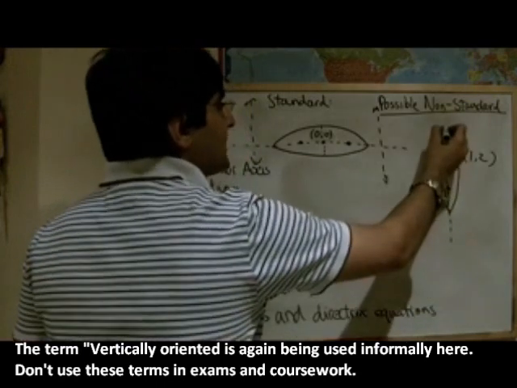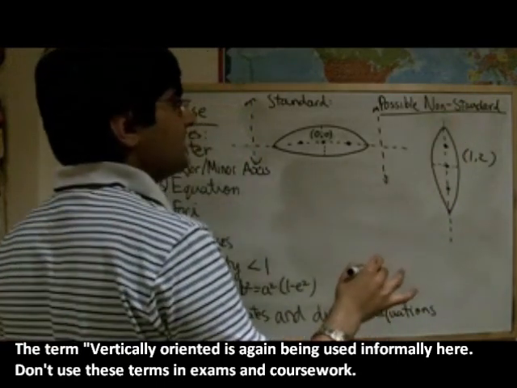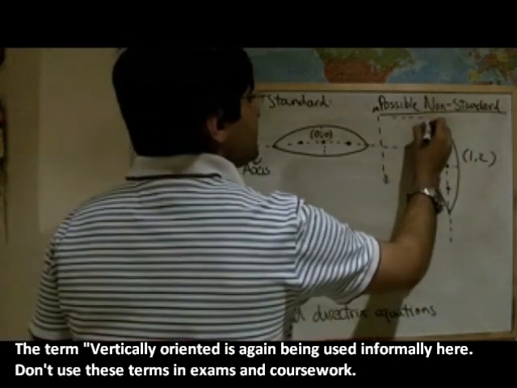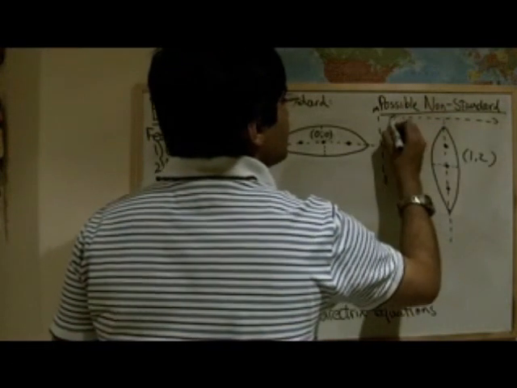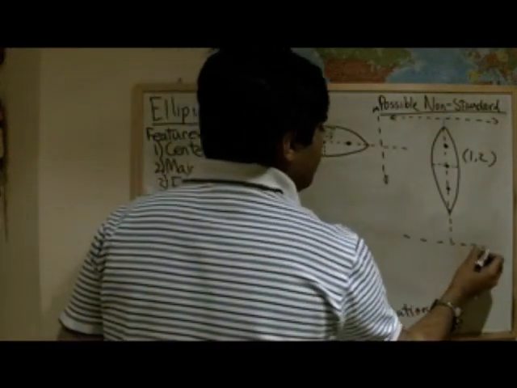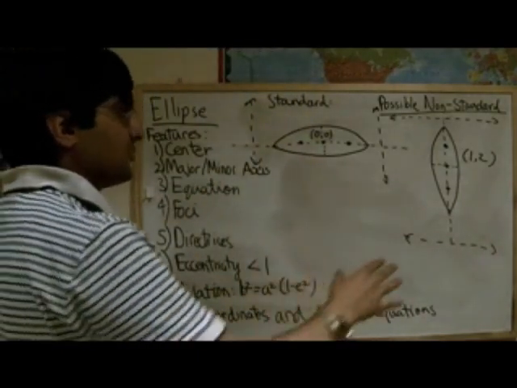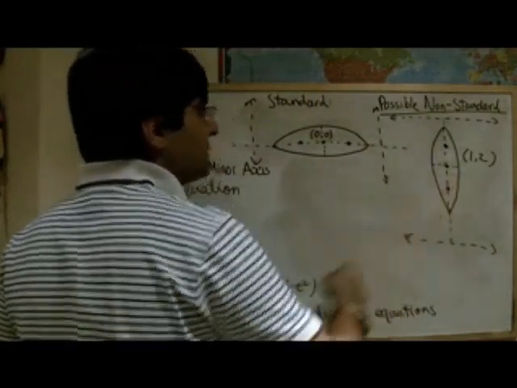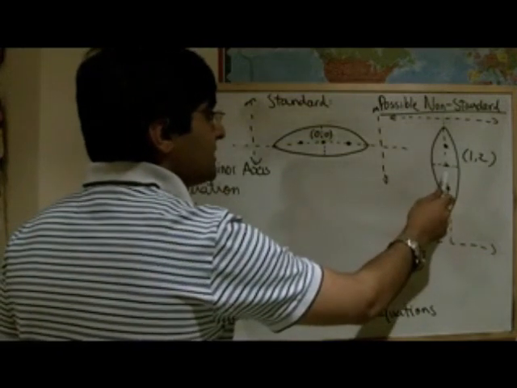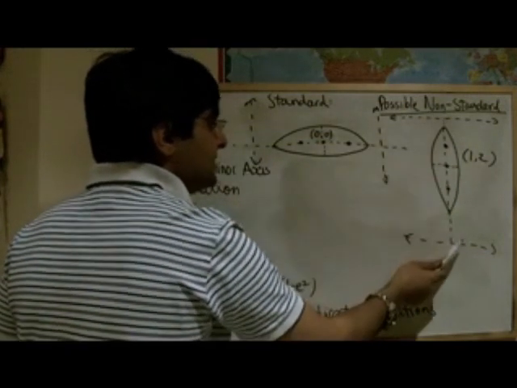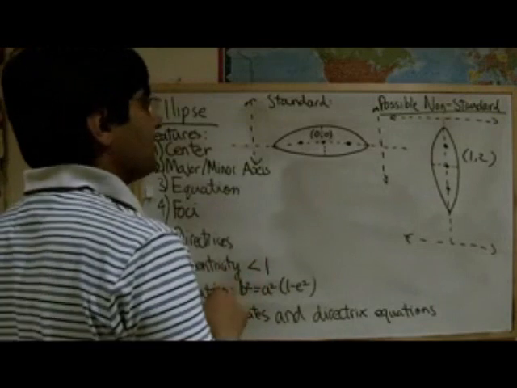If you extend the major axis a little bit, then the directrices would be perpendicular to that major axis, like so. The same principles would apply, and the directrices again would be equidistant from the center of the ellipse. So this distance would be the same as this distance here along the major axis.